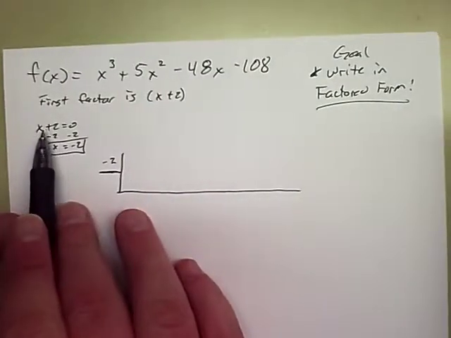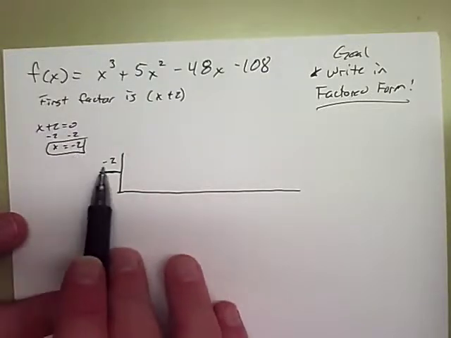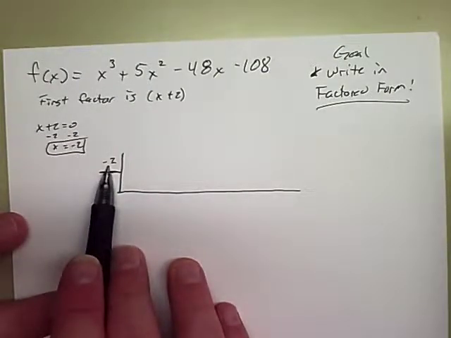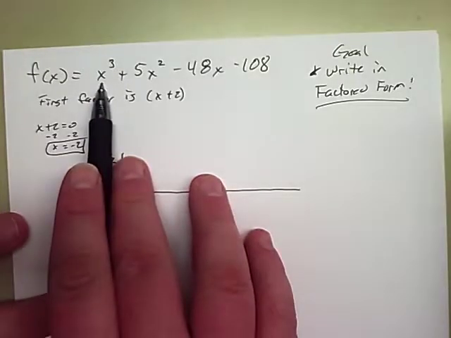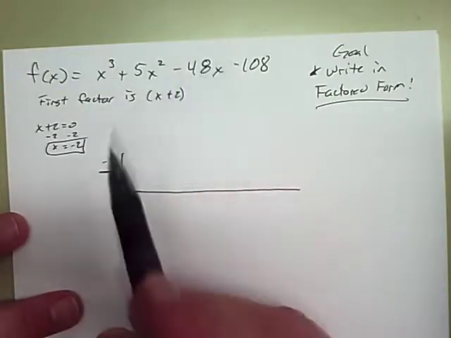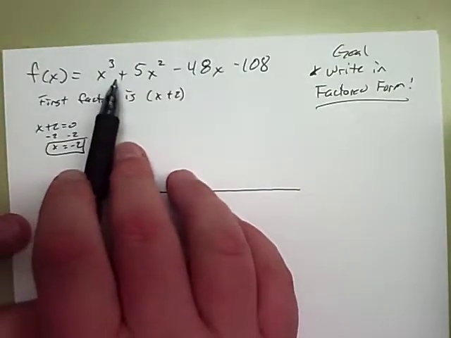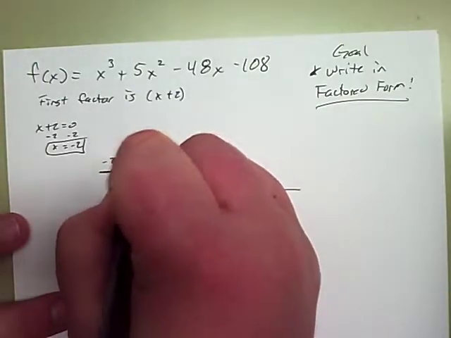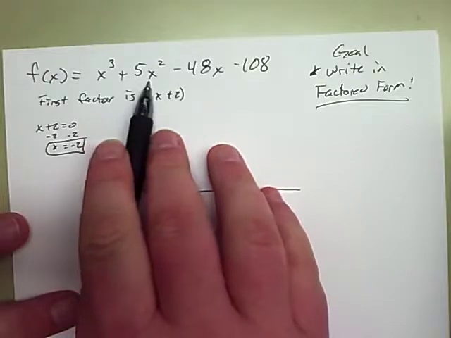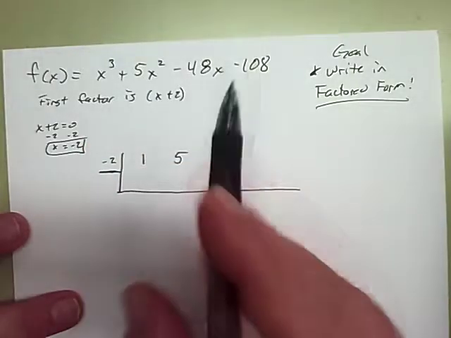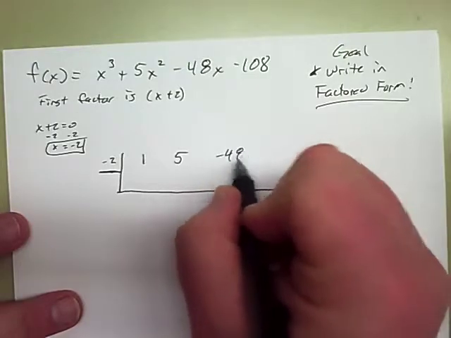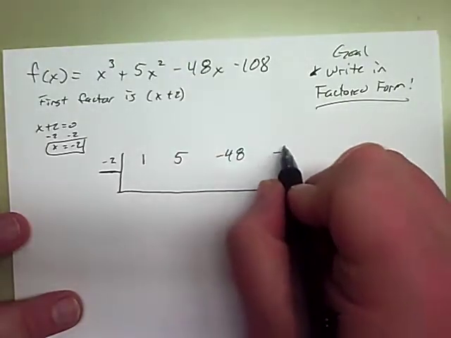When I set the binomial equal to 0, whatever number I get, that's going to go out on my front porch. Now it's called a coefficient board because I need the coefficients of the original polynomial. So the coefficient of x to the third is 1. The coefficient for 5x squared is positive 5. Negative 48x is negative 48. Negative 108 is negative 108.